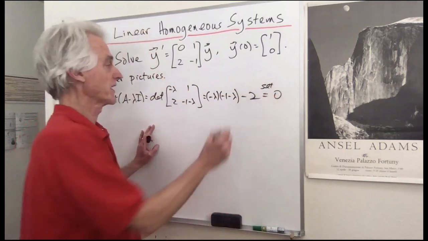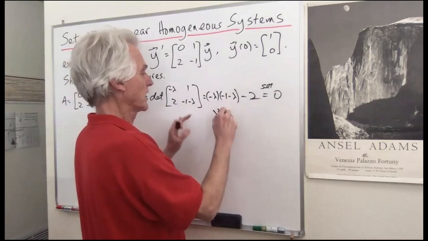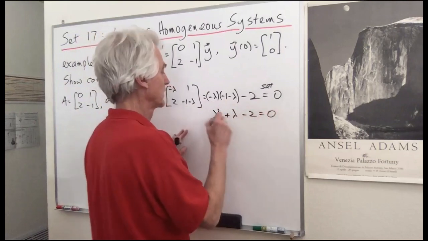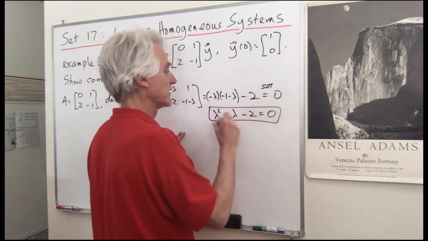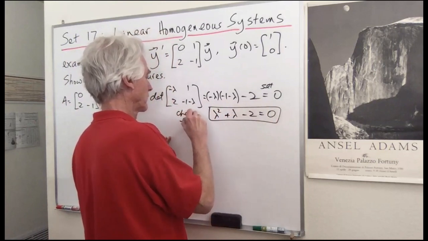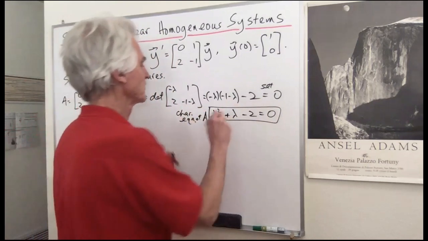And then I expand that out. I get lambda squared plus lambda minus 2 equals 0. Circle that. That's the characteristic equation of A, right?